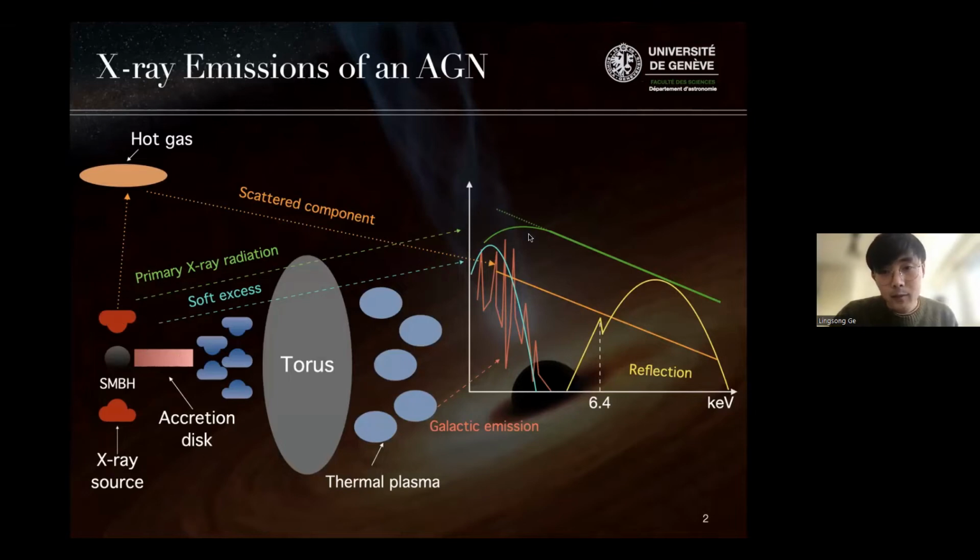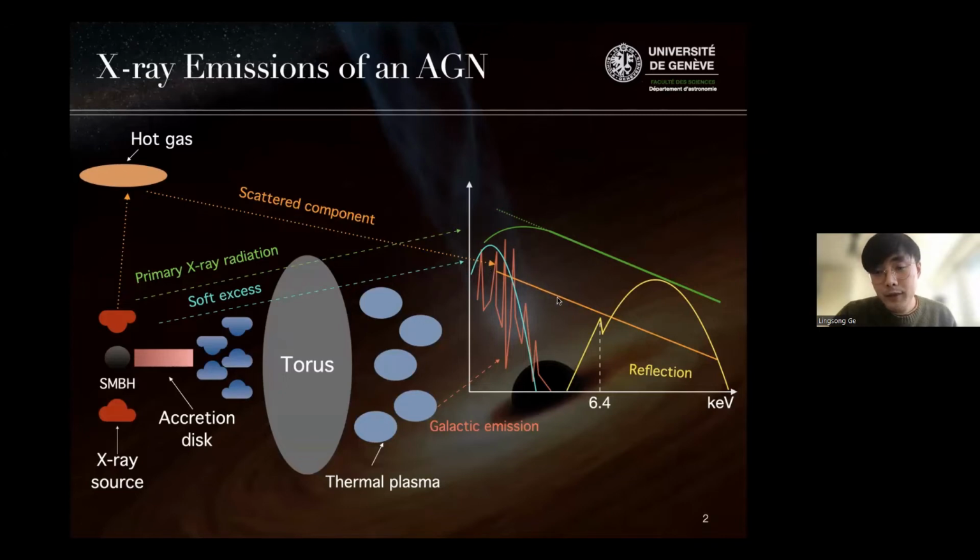It can be absorbed if it goes through some absorbing material, giving you this absorbed power law. Apart from the primary power law, you can also have secondary components like the reflection with the iron line at 6.4 keV, and also the soft excess, which also comes from the inner region of AGN, and the mirror scattered component of the primary power law from some ionized hot gas.